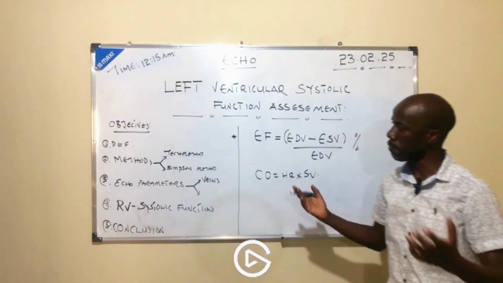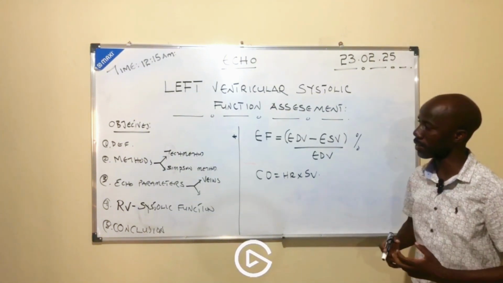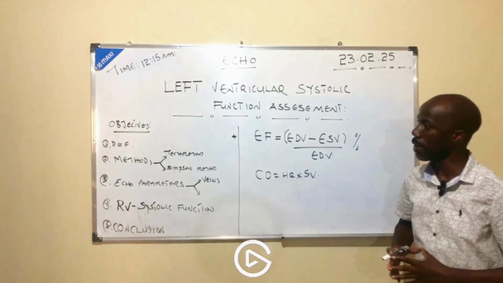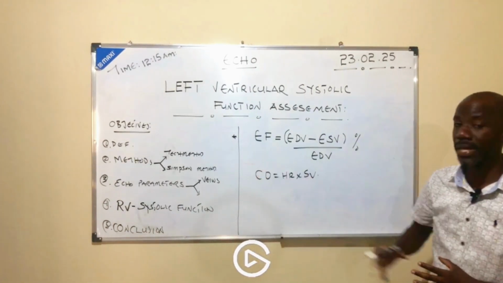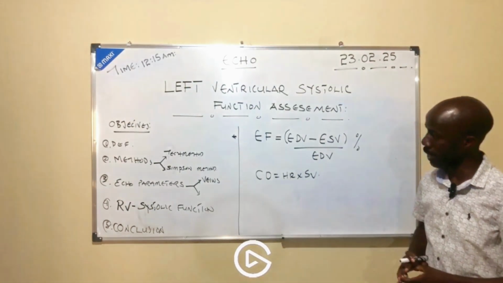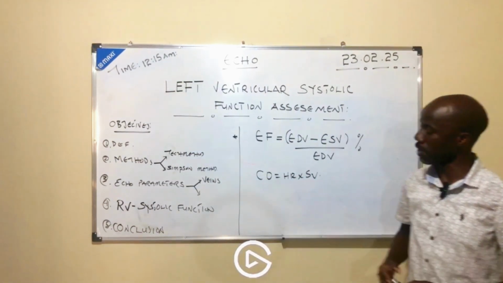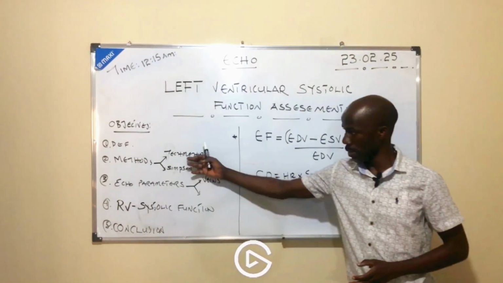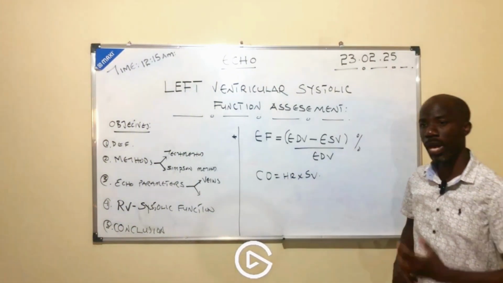There are a few things that you need to take into consideration whenever you are discussing left ventricular systolic function. And I'll start by mentioning the methods that are currently being guided and the current methods that we need to use. The first method that we use is the biplane, or rather the TEC method, where we use the M mode.